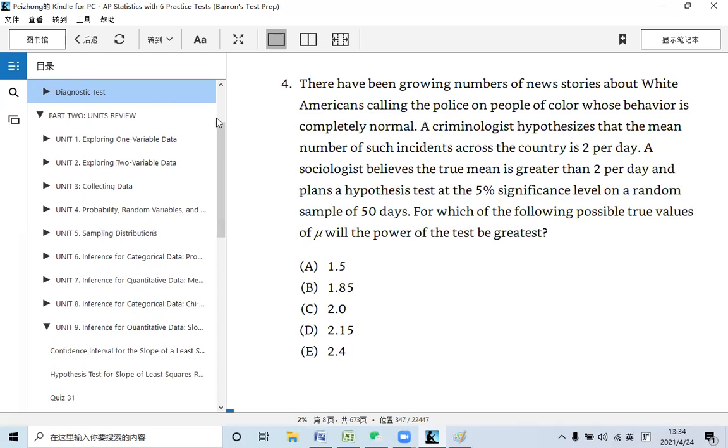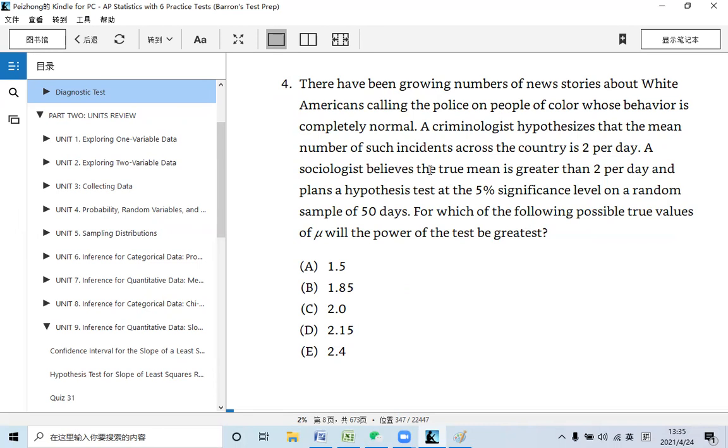Look at number four. There has been a growing number of news stories about white Americans calling the police on people of color whose behavior is completely normal. Sometimes that happens. A criminologist hypothesized that the mean number of such incidents in the country is two per day.